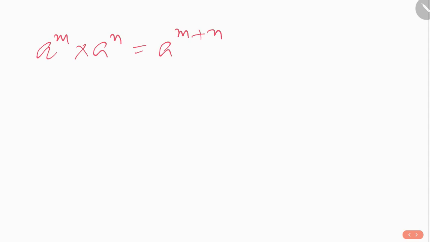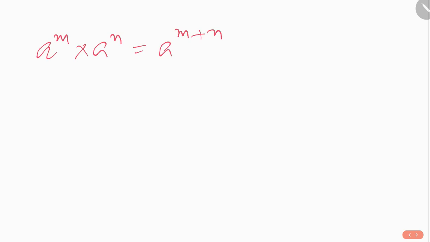Here a, m, n are all variables, so in place of variables we can take any integer and apply this law. What is the meaning of this? Here a power m into a power n is there, so when we multiply two exponentials, the powers must be added.